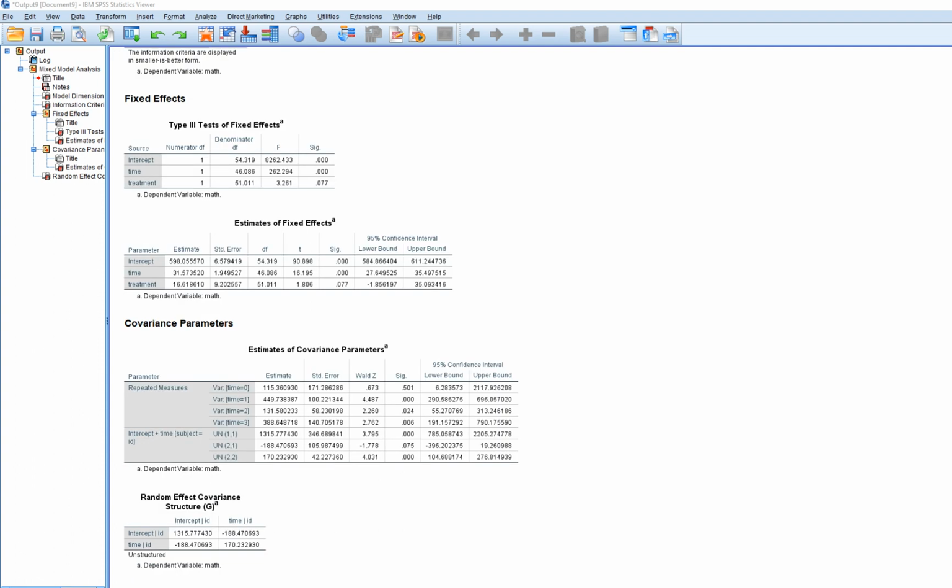Continuing on, when we look at our fixed effects, keep in mind that for our treatment variable, the control condition was coded 0 and treatment was coded 1. For the time variable, measurement at time 1 was coded 0, time 2 was coded 1, time 3 was coded 2, and time 4 was coded 3.